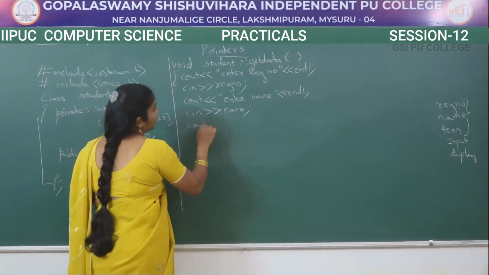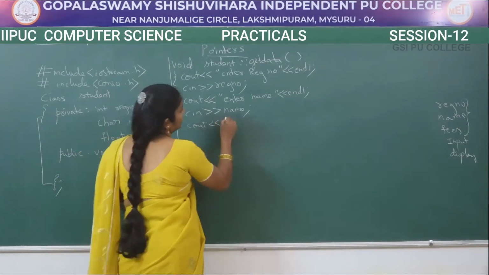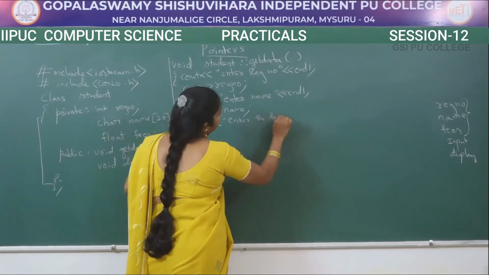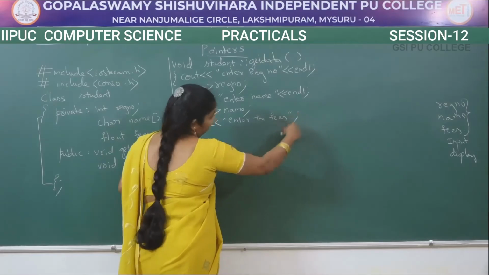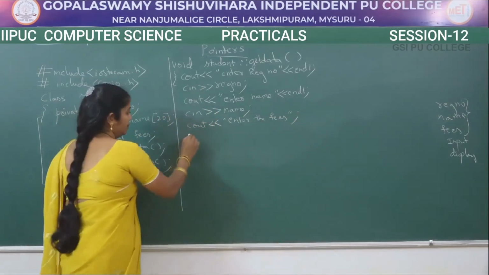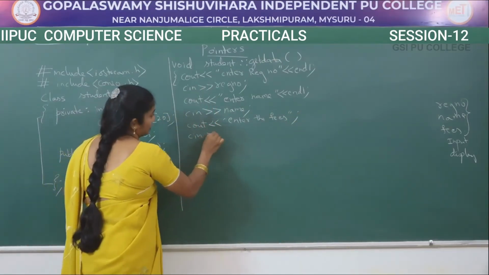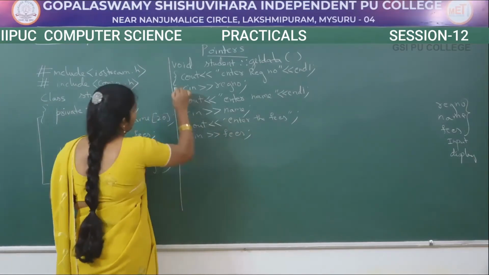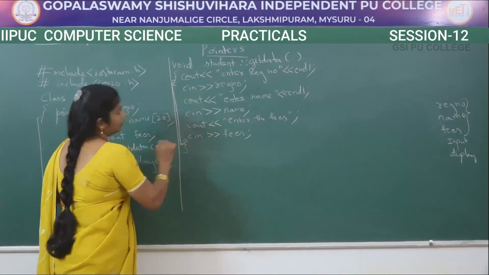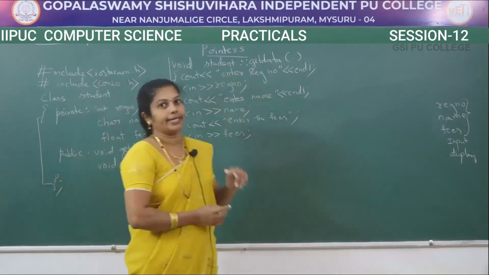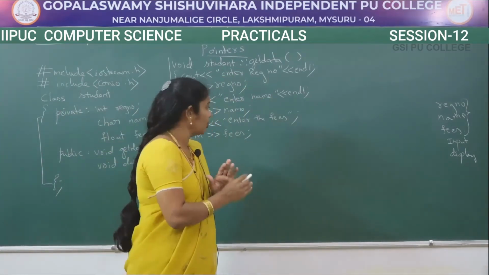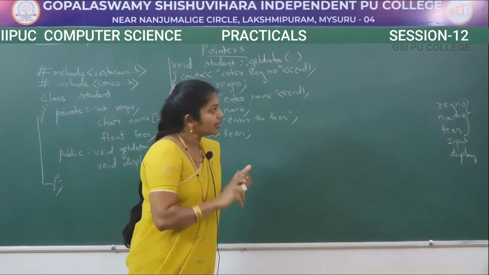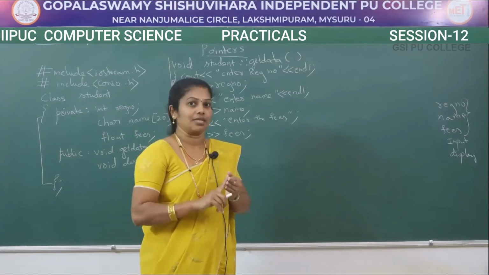Then cout insertion operator: Enter the fees. Now input that with cin extraction operator, fees. Then close the function which you opened. This is regarding the getdata function. We just input all the values, that is register number, name and then fees.